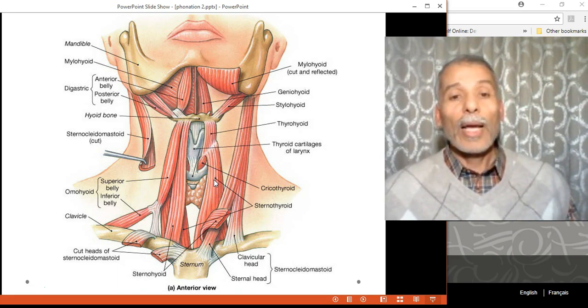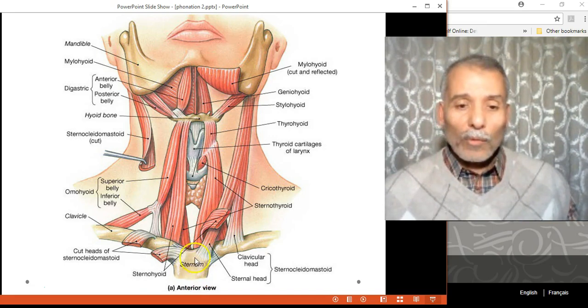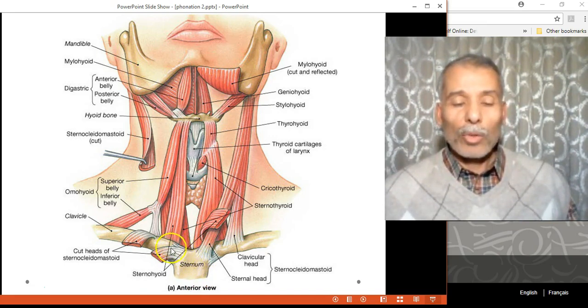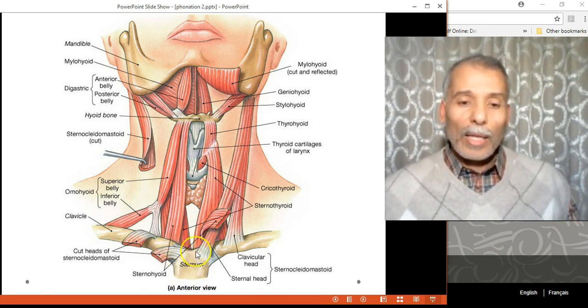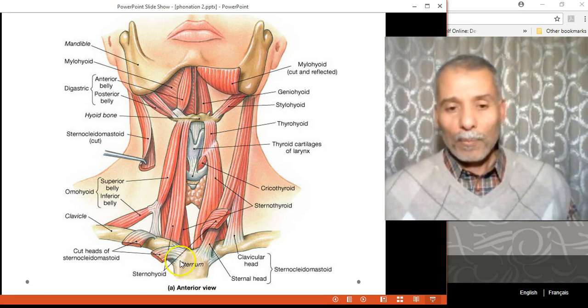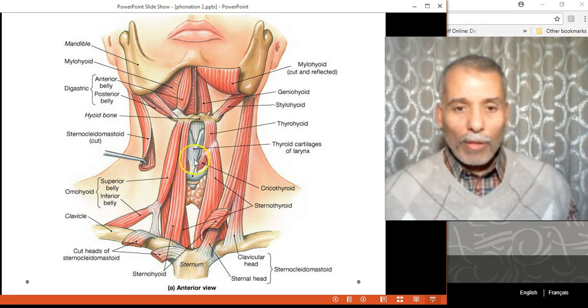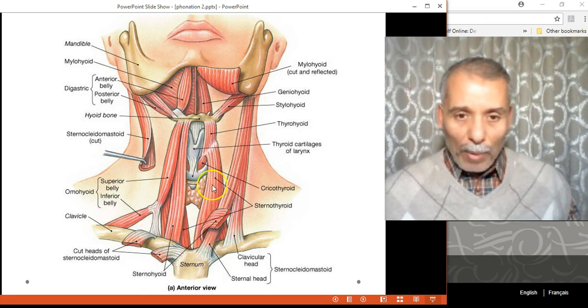TOS, and then the S stands for sternum. And the part of the sternum that gives origin to these two muscles is the manubrium of the sternum. So first one is, we said, sternothyroid. So you could see that muscle here, sternothyroid.